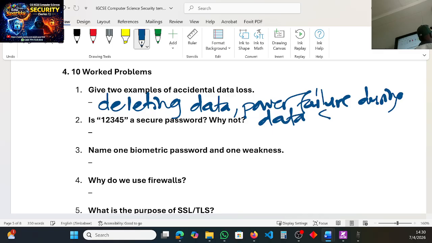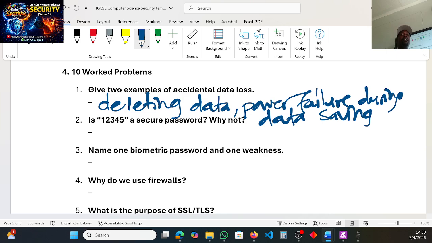So these are all accidental data loss that can occur within computer systems as a human is using computer systems.